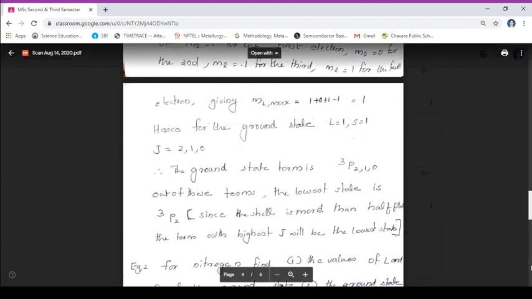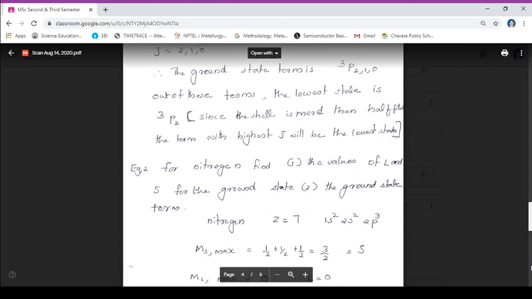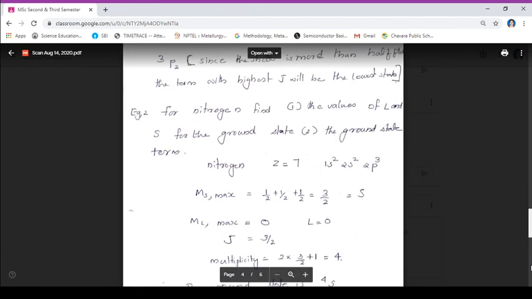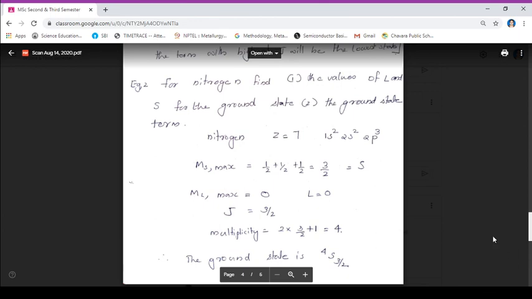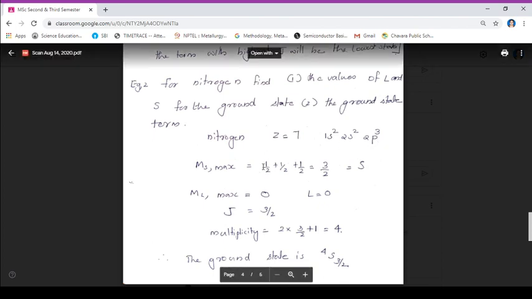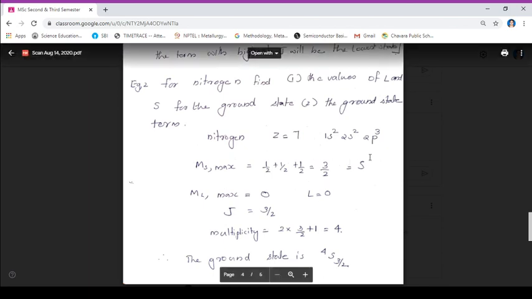Now I'll do one more example, the same situation for nitrogen. For nitrogen, find the value of L and S for the ground state and write the ground state term. Nitrogen Z is equal to 7, 1s2, 2s2, 2p3. Now we have 3 electrons, so taking ms maximum, if you put half plus half plus half, then 3 by 2 will be the S value.